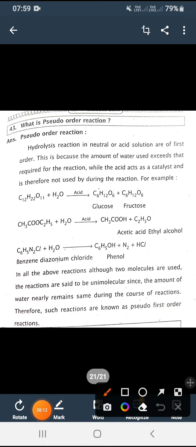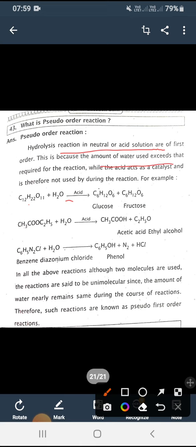Now let us see the pseudo first order reaction. Here, a pseudo order reaction is nothing but one where the reactants are two but the order will be only 1, that one we call a pseudo first order reaction. For example, hydrolysis reactions in neutral or acid solution are first order.